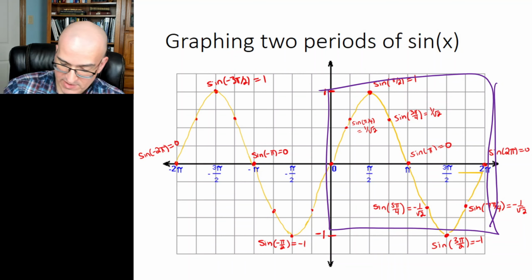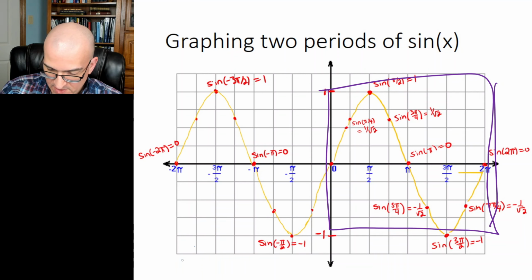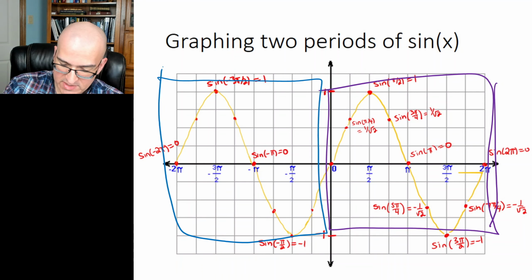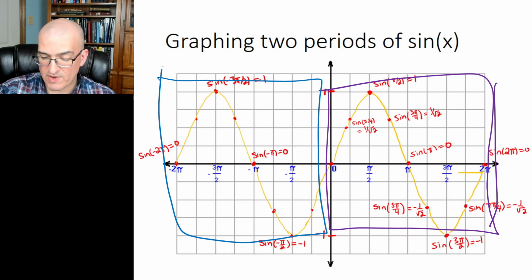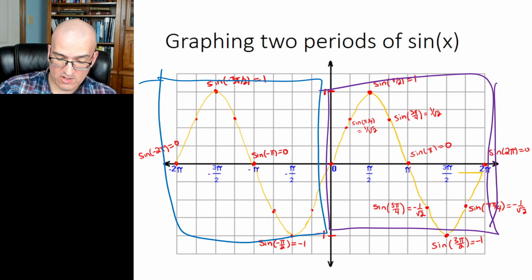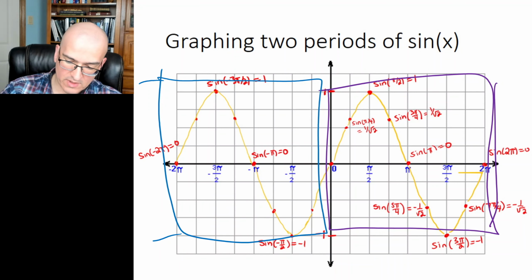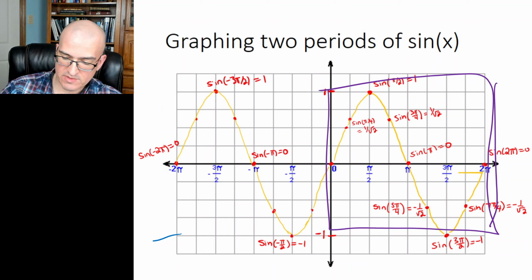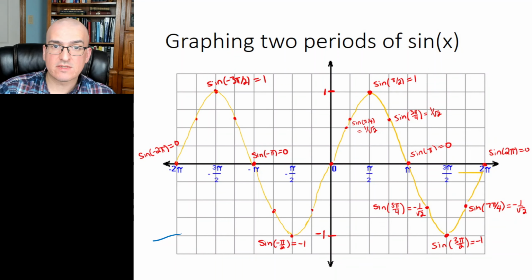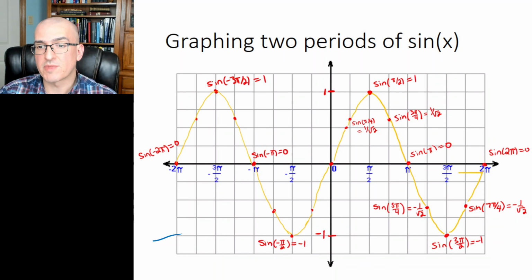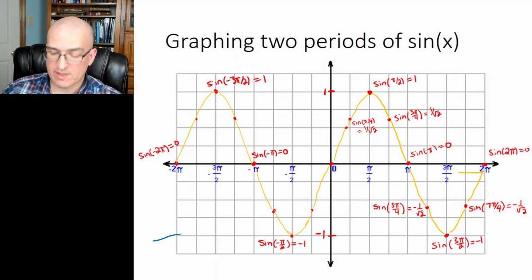And you can see that on the left-hand side. This piece here is a copy paste of the piece on the right-hand side. You could take it again and copy paste it over there and see what that part of the graph would look like. This is called a periodic function. It's a function that repeats over a certain period. The period in this case being 2 pi.